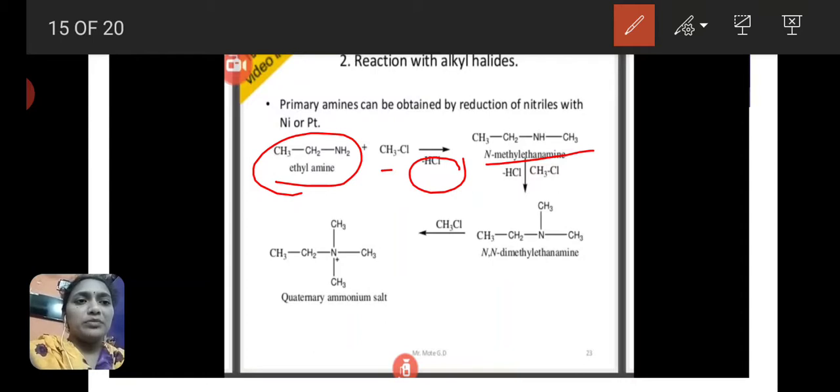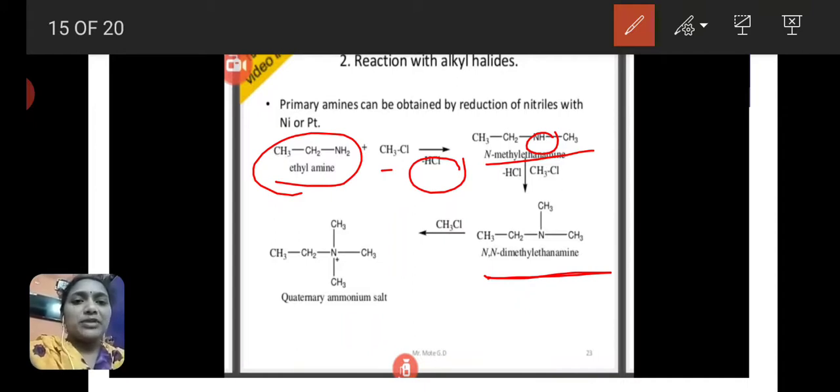The same compound again reacts with 1 mole of alkyl halide, CH3Cl, methyl chloride, and the remaining hydrogen is replaced by a CH3 group, forming N,N-dimethyl ethanamine.